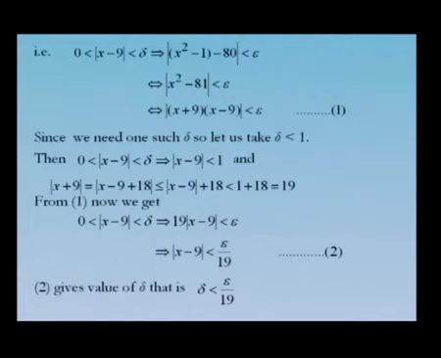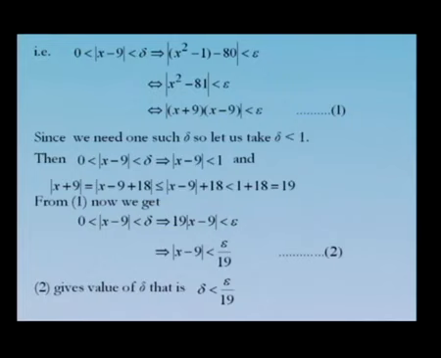Suppose we take delta less than 1, then 0 < |x − 9| < δ implies |x − 9| < 1, and then the factor x + 9 has an upper bound, which is 19. It can be written as |x + 9| = |x − 9 + 18|. Using the triangle inequality, this is less than or equal to |x − 9| + 18, which is less than 19.